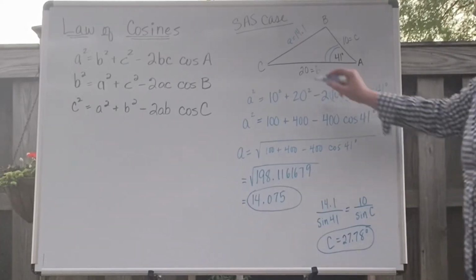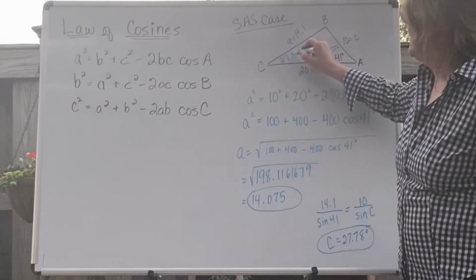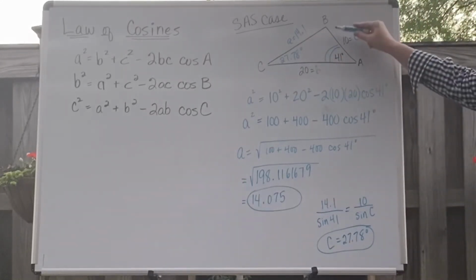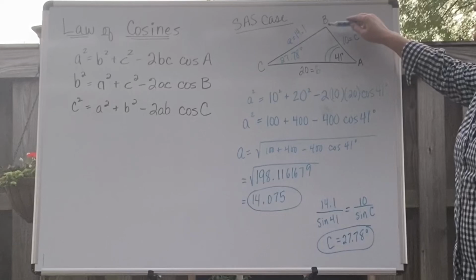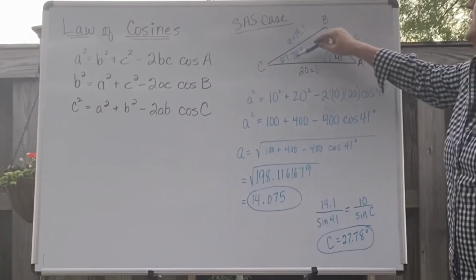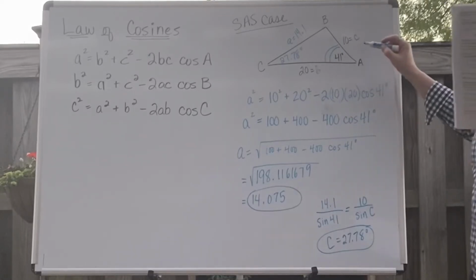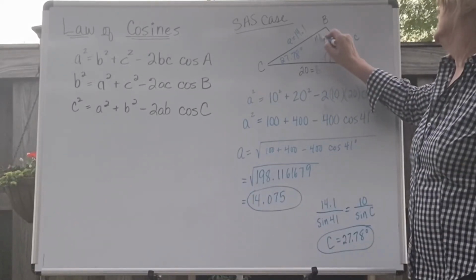Now once you have that this angle is 27.78 degrees, you know how to find angle B, right? All you have to do is add these two angles up and subtract that answer from 180. And when you do that, you'll get 111.22.